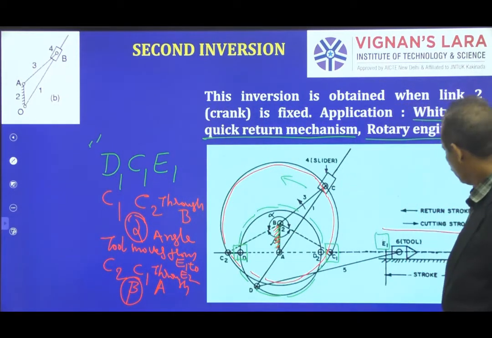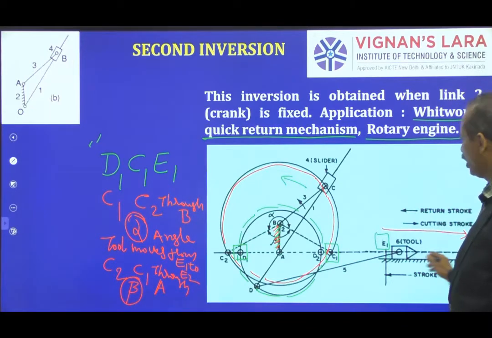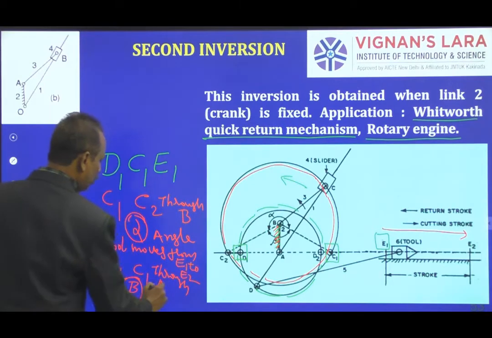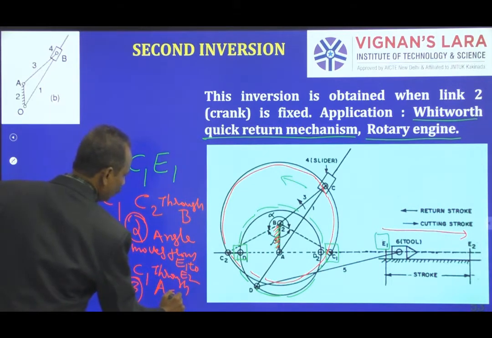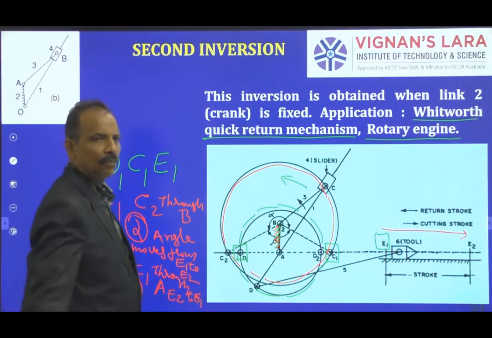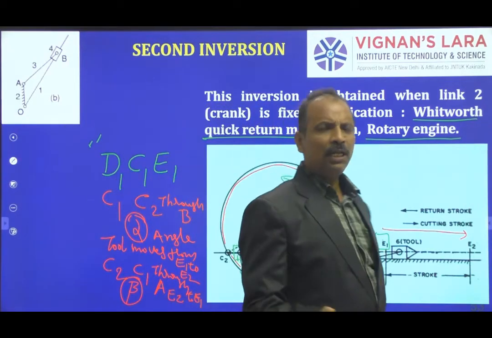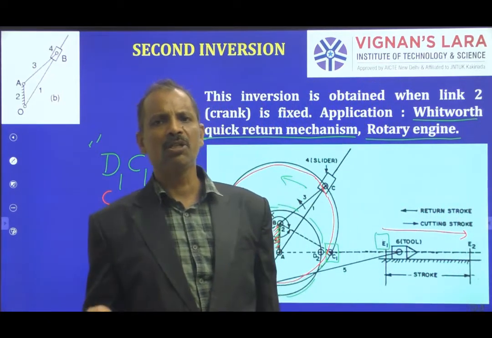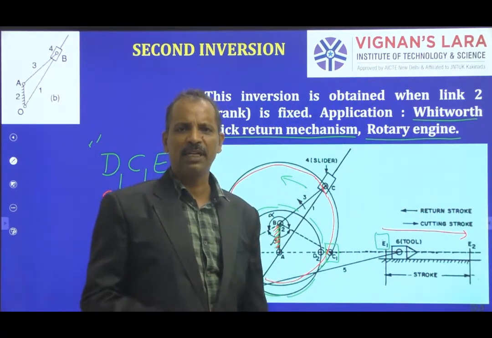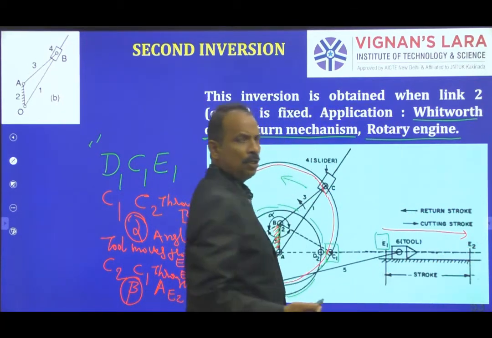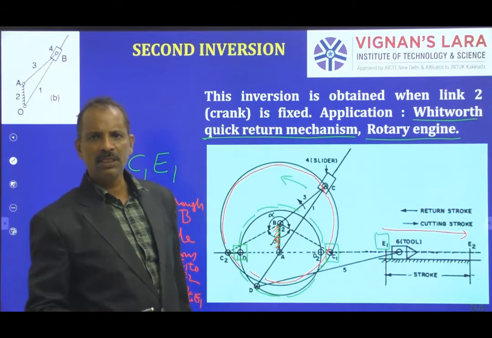That means the tool is moving from E2 to E1. Earlier E1 to E2, now E2 to E1. Literally there is no difference: when it moves from E1 to E2 and E2 to E1, it moves the same amount of distance, isn't it?